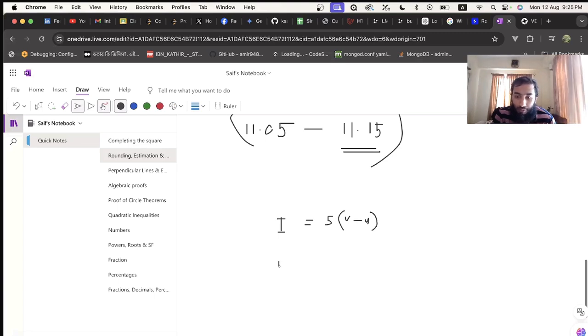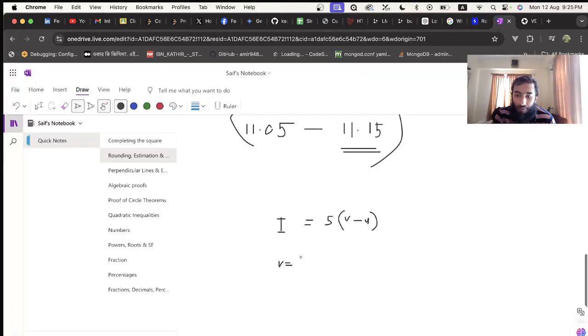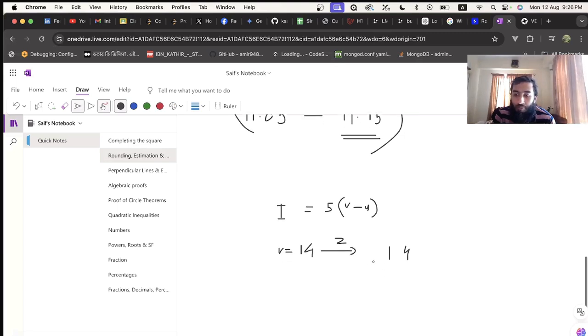The value of variable v is given as 14 correct to 2 significant figures. What does this mean? 2 significant figures means there are 2 figures here, 1 and 4. So 14 correct to 2 significant figures is actually just 14, nothing else.